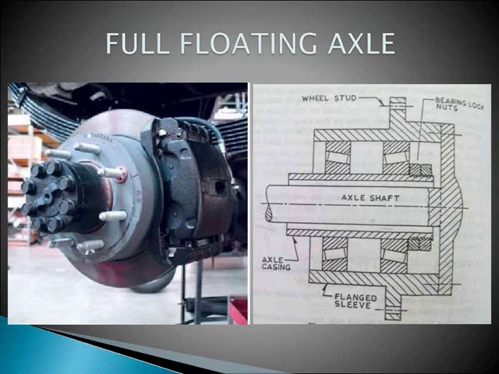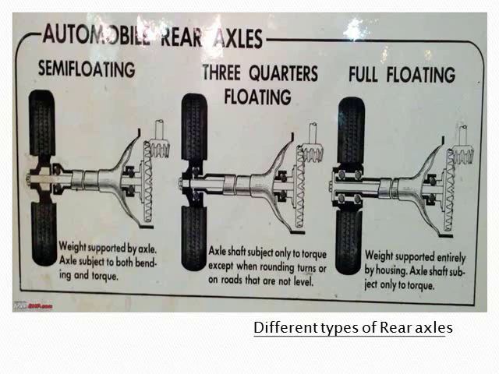Now coming to the next topic, differential. Dear student, today we'll deal with module number 2, transmission system and brake system. Transmission system consists of clutches, gears and drive to wheels.